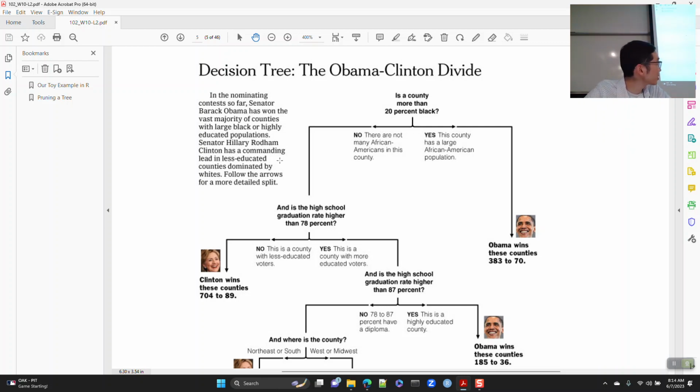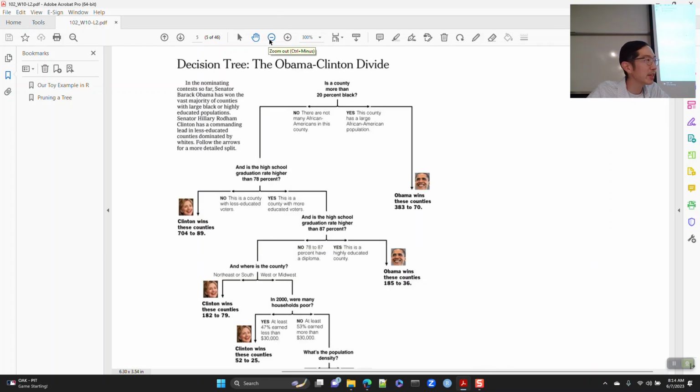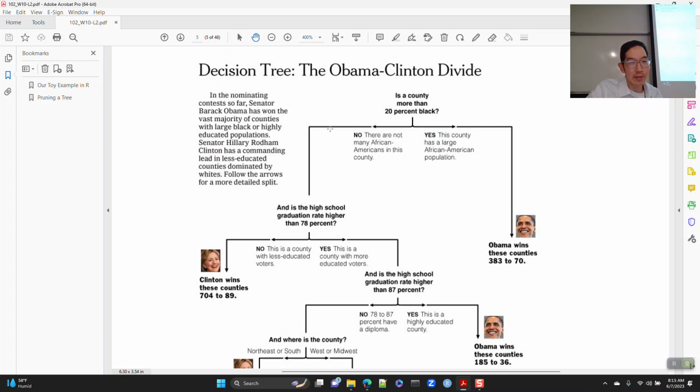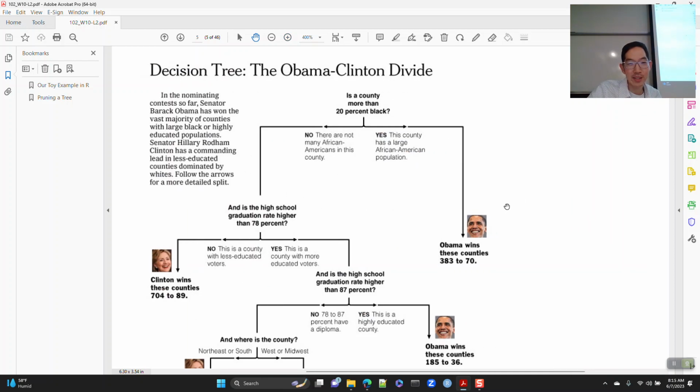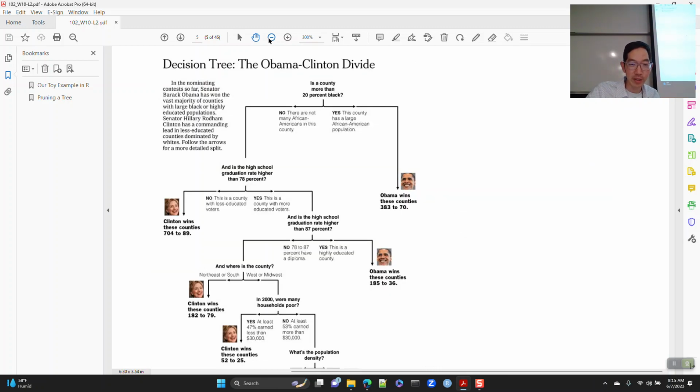And at this point, when this decision tree was created, several states already had their primaries, but there were still quite a few more primaries to go, and they were just trying to predict, okay, looking at what's going to happen in the future, who might win. They ran some data and looked at things like race and high school education, and basically using this, they would make a prediction as to who would win the county during the primary.